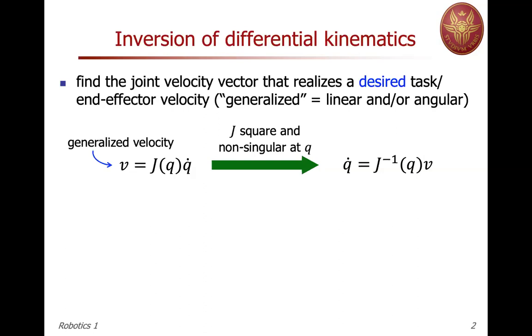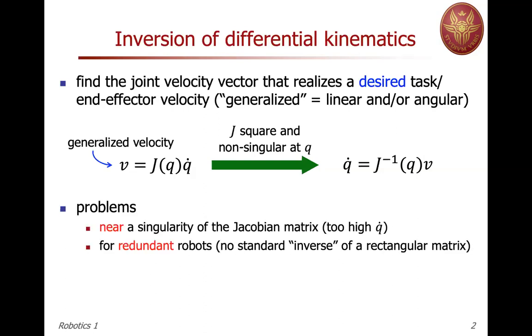Now, I could stop here if there were no problems associated with this inversion. The problems are essentially two. What happens if we have a square Jacobian, but we are near a singularity? We have seen already that singularity corresponds to loss of mobility at the end effector level. So there could be directions where we cannot move with the end effector instantaneously. If we assign a velocity in that direction, what happens?